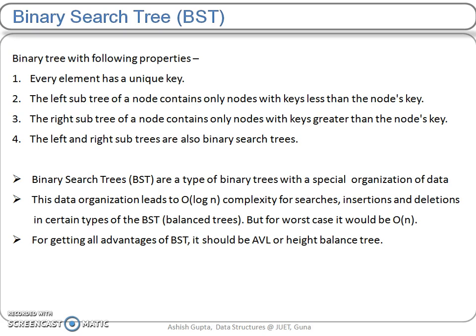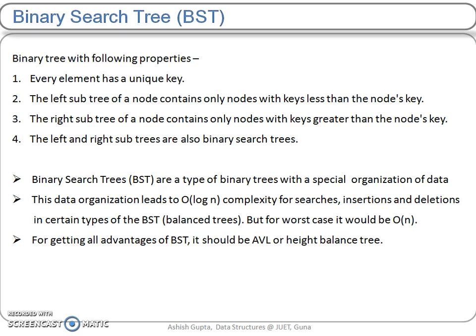These are the properties we have to keep in mind whenever we are constructing a binary search tree. Binary search trees are a type of binary tree with a special organization of data, where we follow the left-lesser, right-greater concept while inserting or constructing the tree.